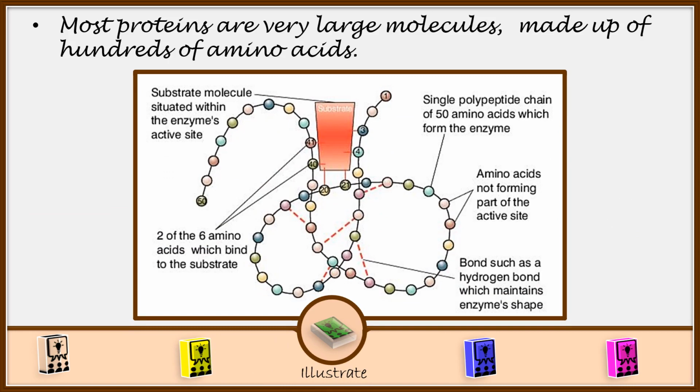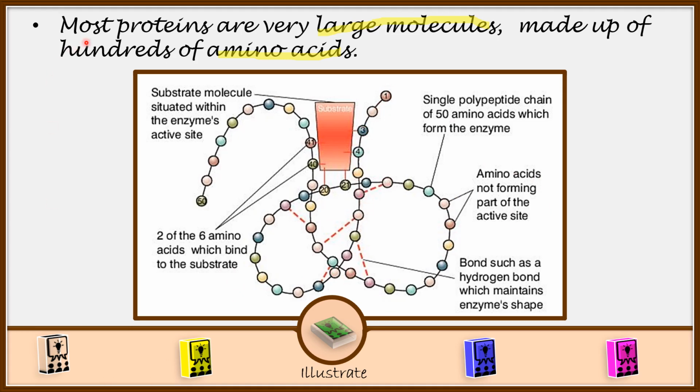Most of the proteins are very large molecules, and they are made up of hundreds of amino acids. For example, here we have our protein, and when you look at it, it is made up of very many amino acids. All these that we are seeing are amino acids.